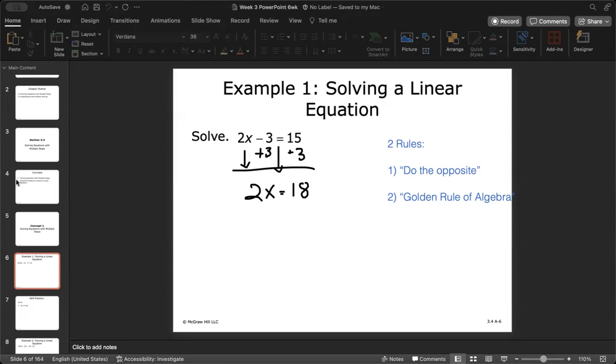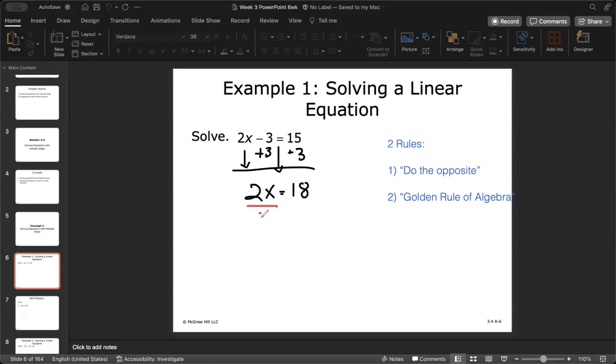Okay, then we're going to finish it up. So now we're right here, and this is what you did last week. 2x equals 18. This is a one-step equation. We recognize that this is 2 times x, and so we go back to these steps right here. What's the opposite? Well, if we're doing 2 times x, then the opposite of multiplying by 2 is what?